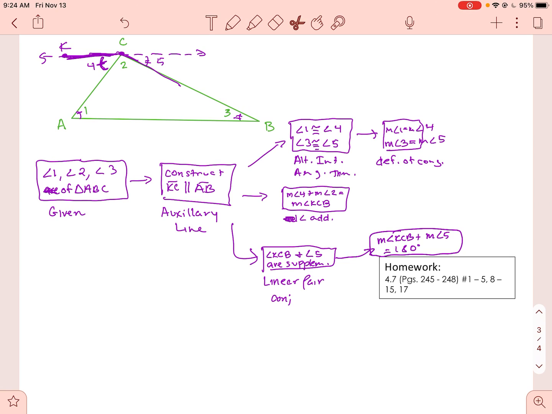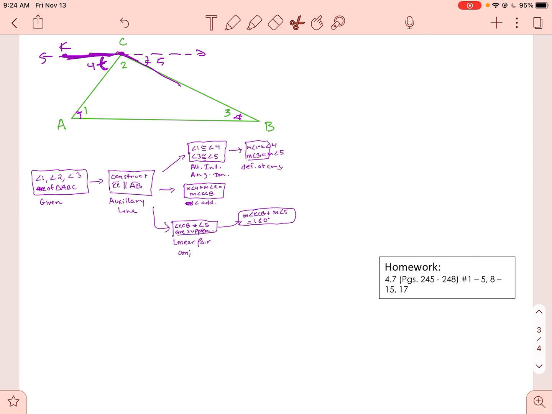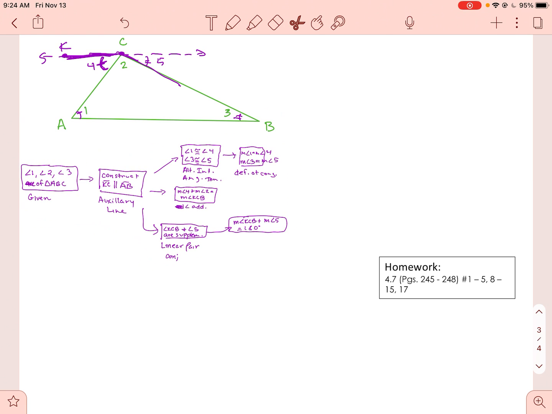So let me readjust this. I've got to make everything a little bit smaller. Okay, so this is the definition of supplementary. All right.